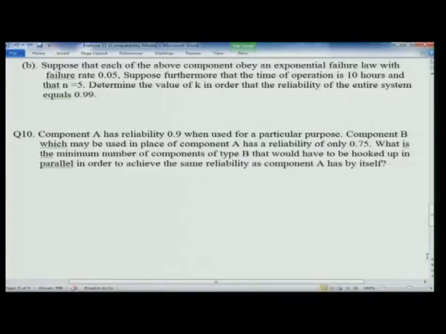Now you can write down the reliability function. Suppose you take k number of B components and you hook them up in parallel, you know the reliability function, right, and then you want its reliability to be equal to 0.9. Using the formula that I have given you for computing the reliability when they are hooked up in parallel, and knowing the 0.75 reliability of one component, how many should be there so that the reliability goes up to 0.9.